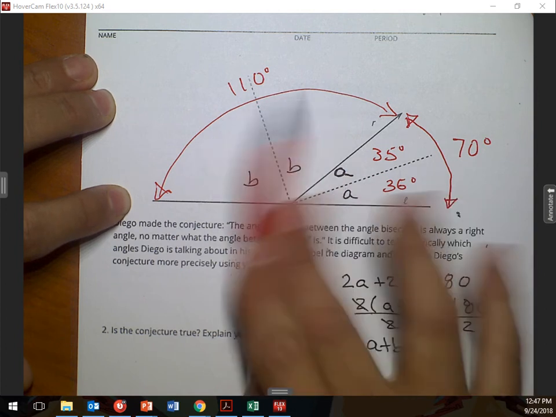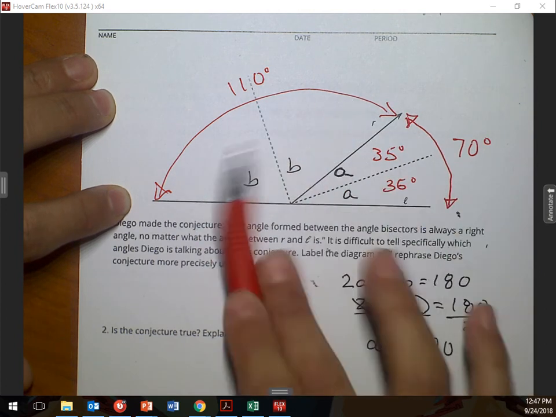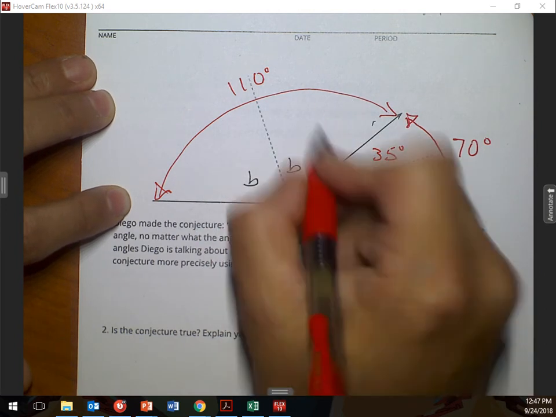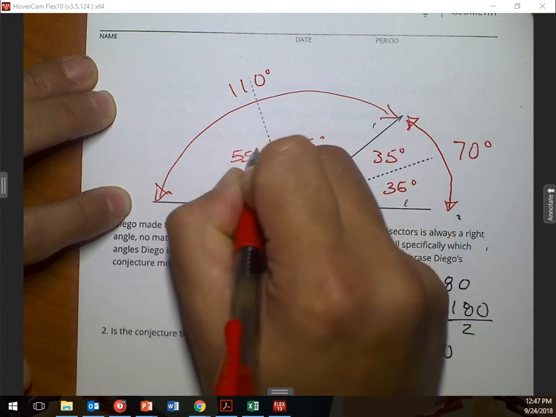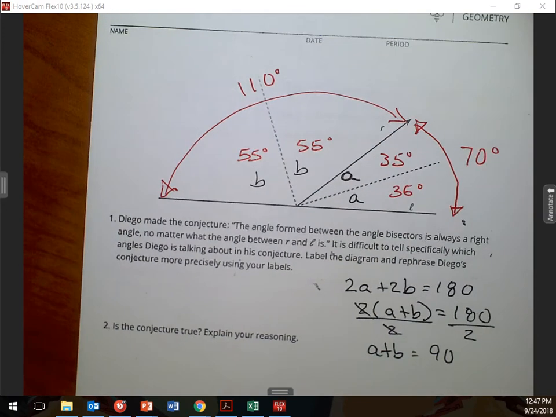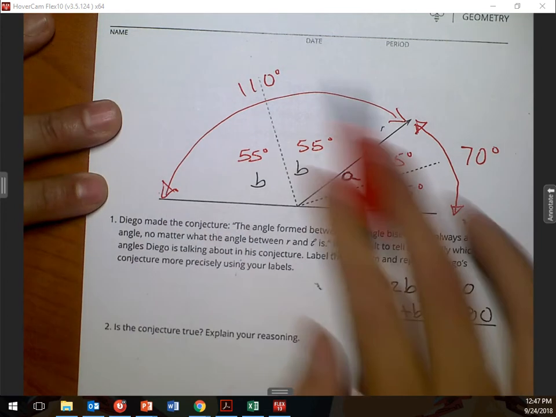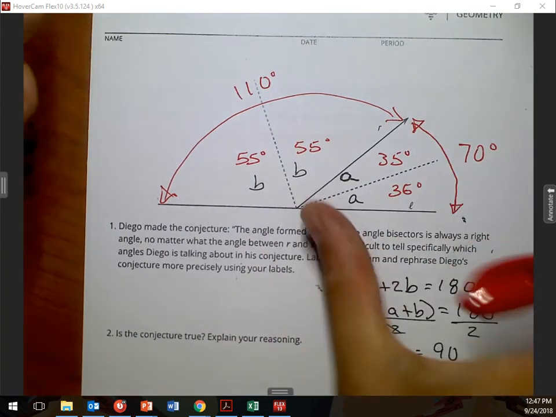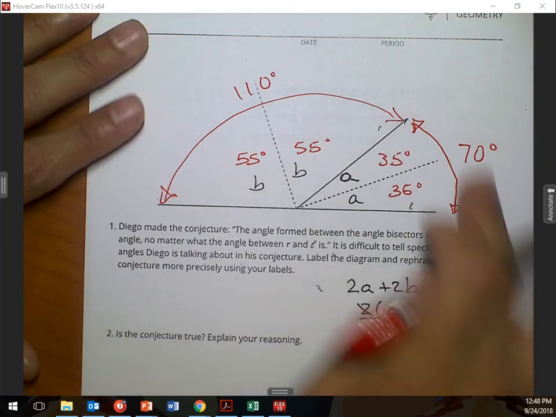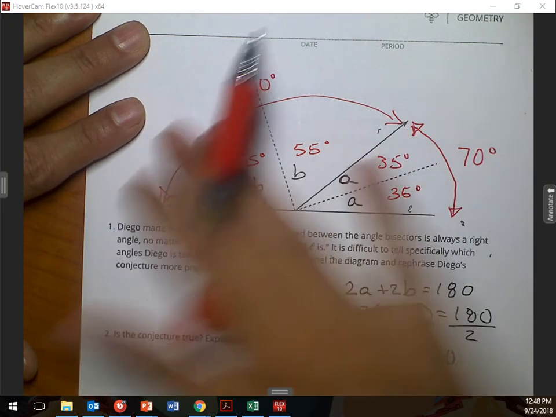So if this is 110 altogether, what is each side? 55. Now, does all of it together add up to 180? Yes. We just made this up on the spot, right? Yes.